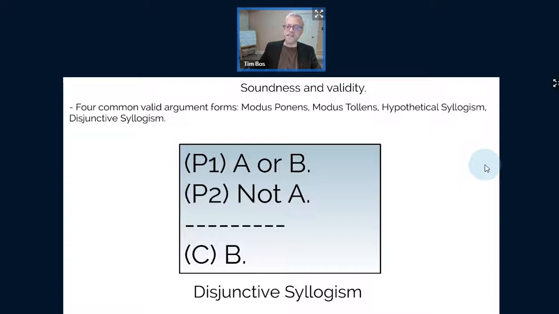So that's a disjunctive syllogism. Well, a syllogism is basically a valid argument, okay, in a recognizable form usually. Disjunctive, you might as well learn that little piece of vocabulary as well. An or statement is called a disjunction, right?